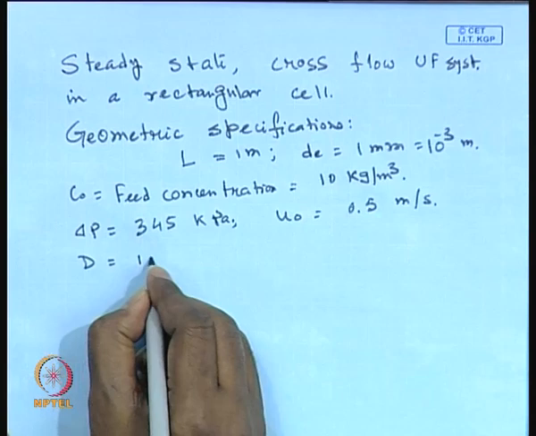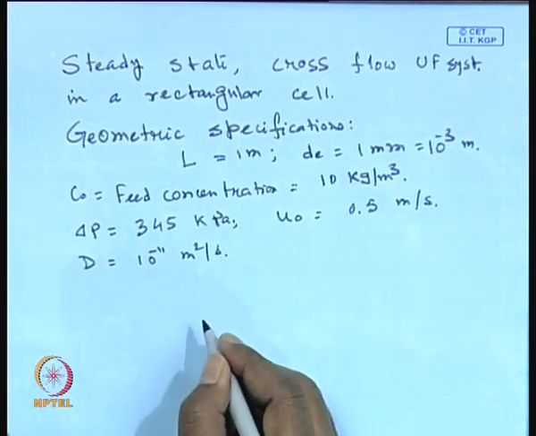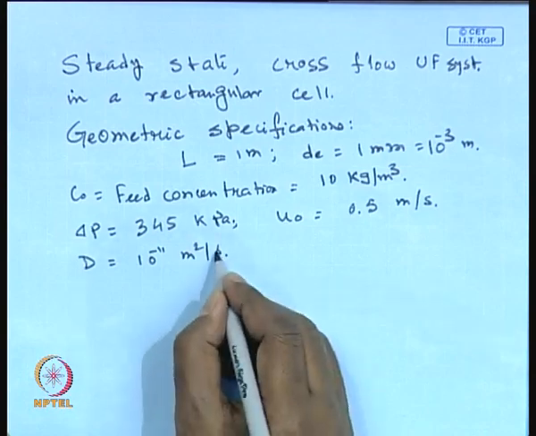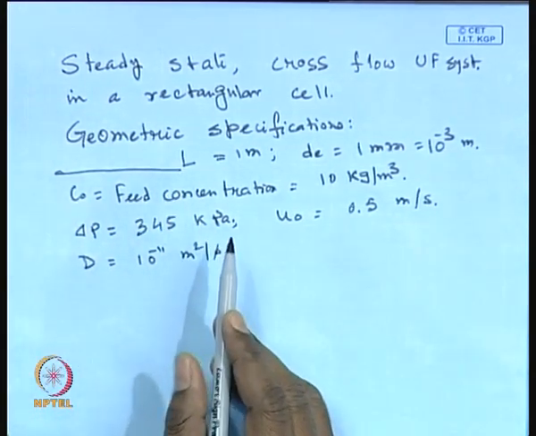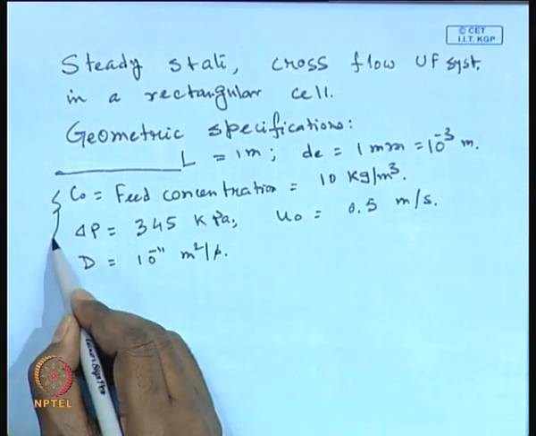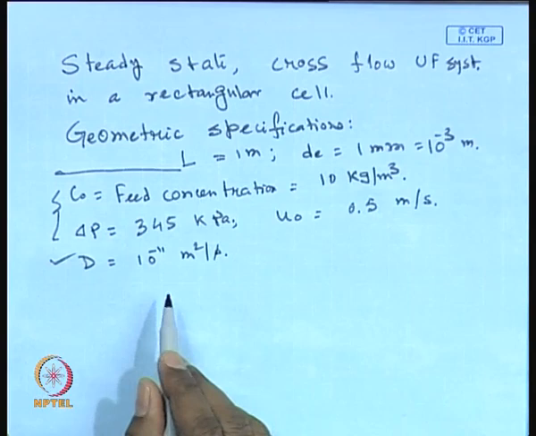The solute diffusivity in the bulk is given as 10 to the power minus 11 meter square per second. These are the geometric specifications, these are the operating conditions, and this is the property of the solute in the feed.